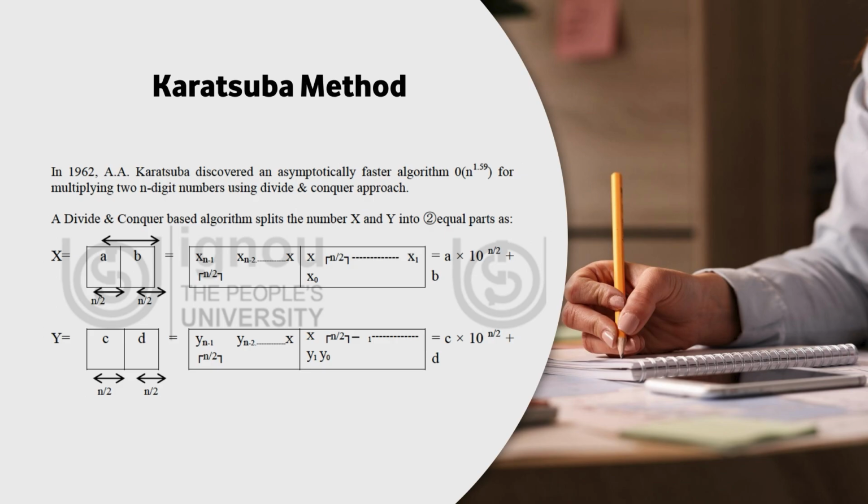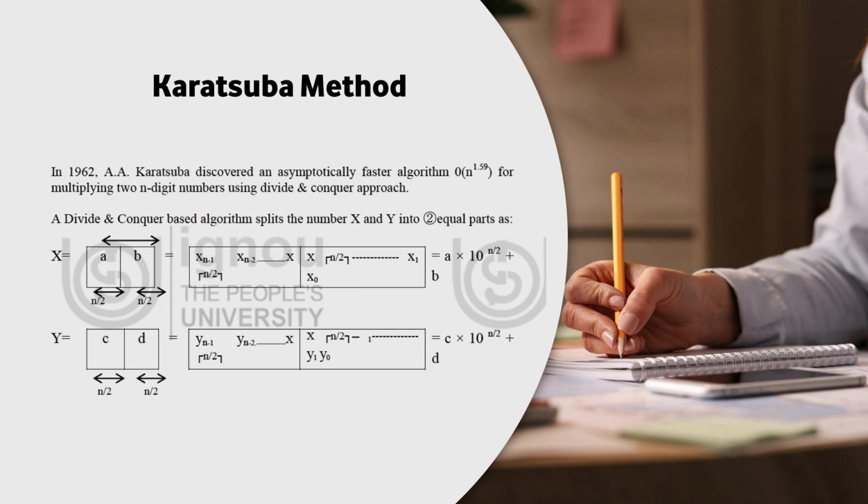Now take a number x with, suppose, 2, 3 or 4 digits. If there are 4 digits in x, we divide it into two parts, 2 digits and then 2 digits. Again, we use the ceiling value that we have already seen in merge sort and quick sort.